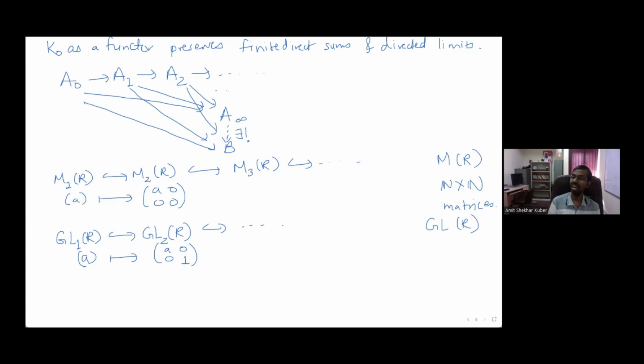really a subset of MR. Yeah, MR under multiplication is a semi-group. Every matrix has a multiplicative inverse in particular. Okay, so these two, I'm not going to say anything more about this K0 as a directed limit, but why is it important? Because, oh, yeah, okay, I can say something about this particular part.